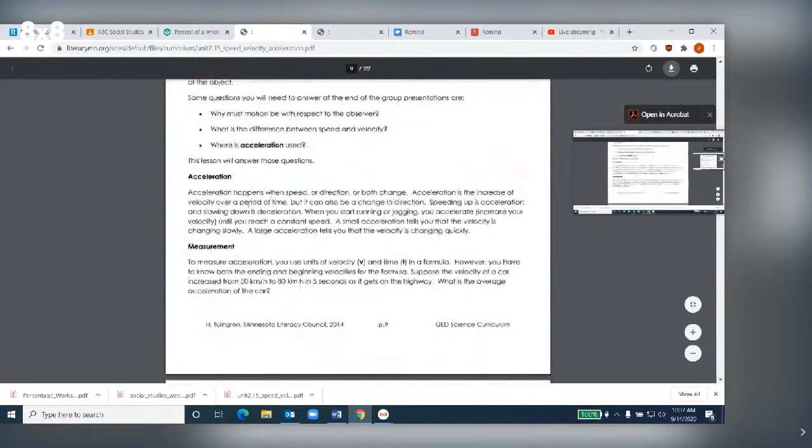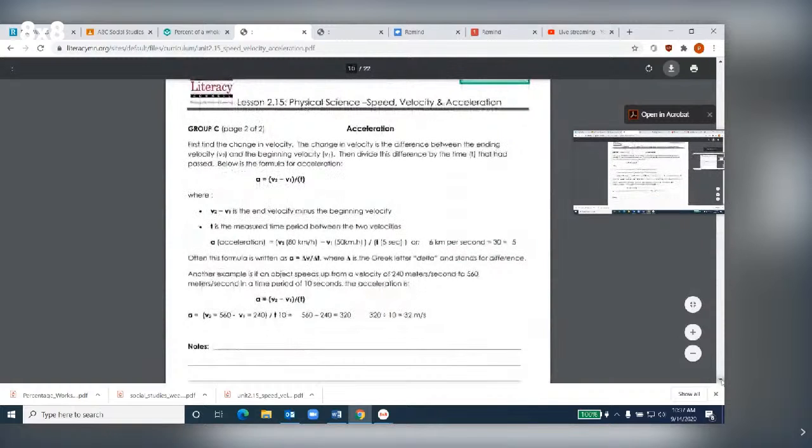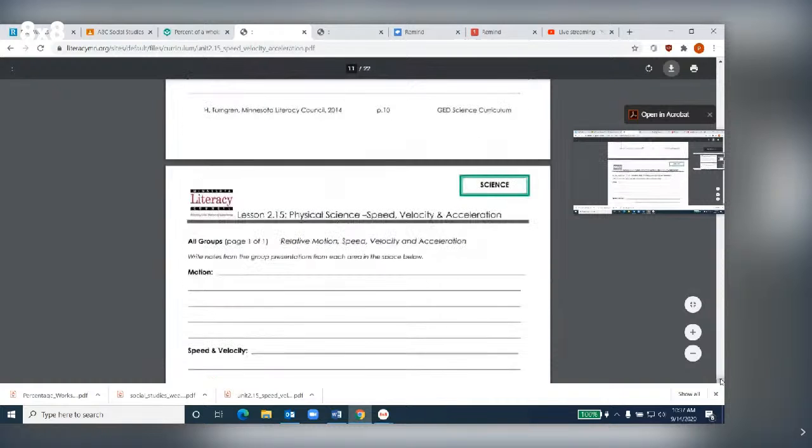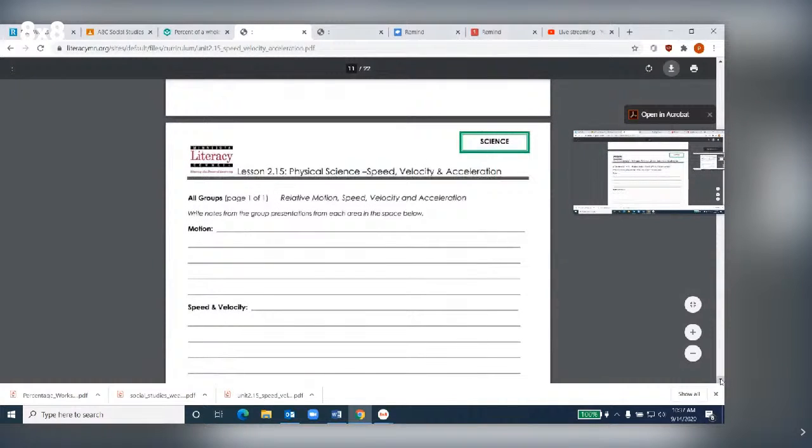Acceleration starts right here, and then there are some notes right here. Acceleration has some formulas too, so it might be important to put some of the formulas for acceleration. And that brings us down to right here.